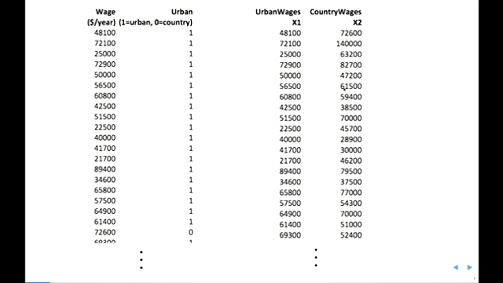And all of the wages of the people living in the country are collected over here. So, for instance, you can see that the first person in this sample who lives in the country has a wage of $72,600, and there it is up there. So just split it into those two groups like that. All right, so two ways of representing the same wage data. In the first instance, we'll be interested in this one over here.